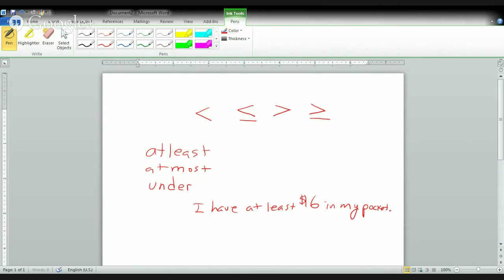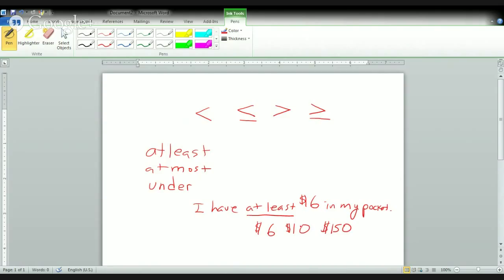All right, so now I can ask my question. Do I have $5 in my pocket? Well, at least would tell me that the minimum I could have is $6. I could have $10, or I could have, boy, it'd be nice, I could have $150 in my pocket, because 150 is at least 6.